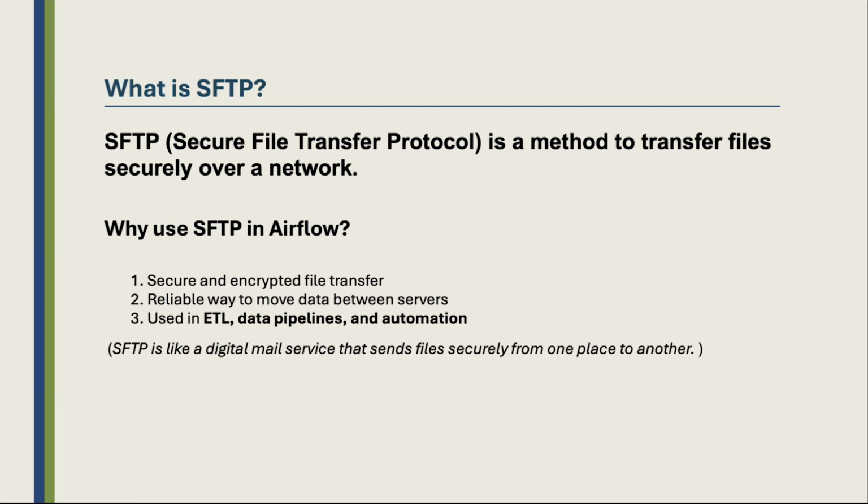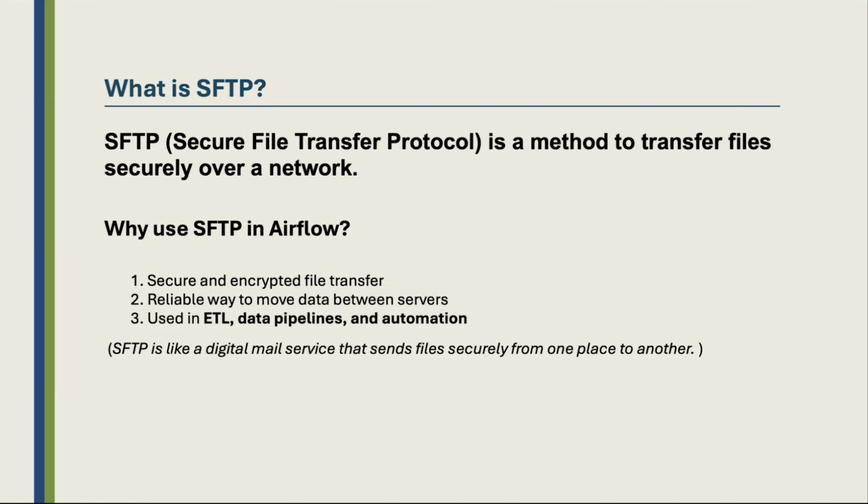Now, let's go to what SFTP is. SFTP is a very secure way of transferring data. When you are transferring data on the network, it's very difficult to handle the data flow. You need to encrypt the data to secure it. Airflow does that with the support of SFTP access.